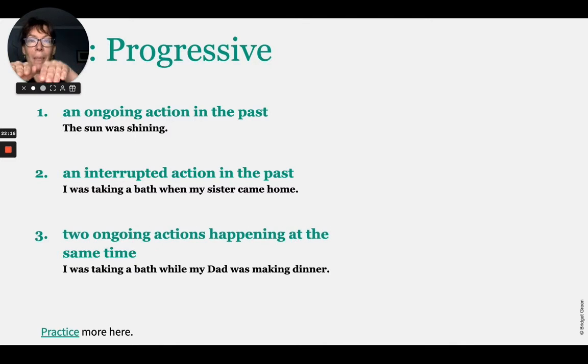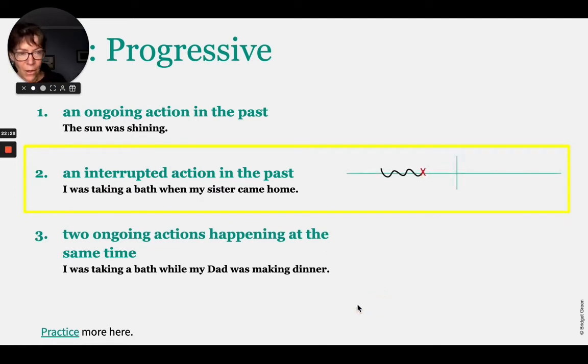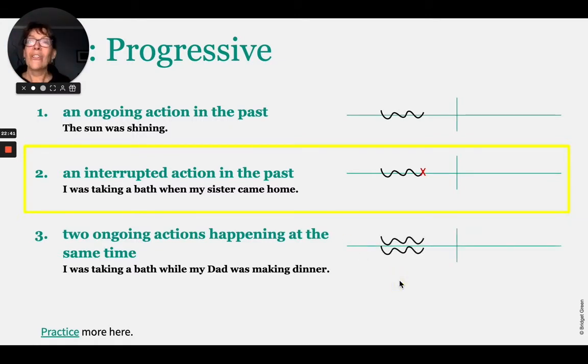See, these are long actions happening at the same time. So this is the one we talked about, the interrupted. Okay, that's what it looks like. It's happening, it's interrupted. This one, an action happening in the past, it's just happening, and there's no interruption. And these are 2 things happening at the same time.